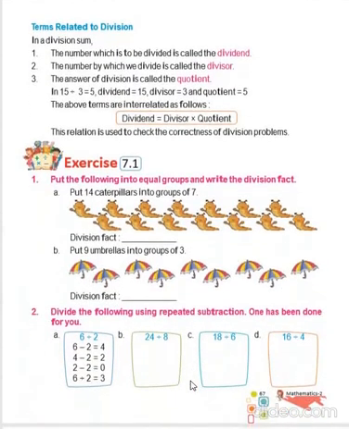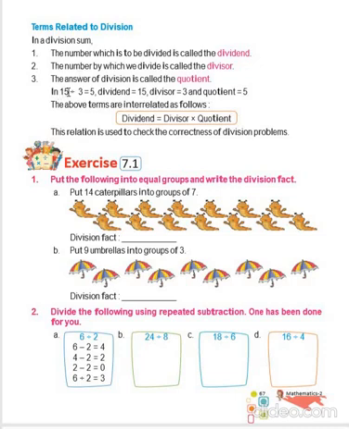Now let's learn the terms related to division. The number which is to be divided, we call that number dividend. And the number by which we divide, we call that number divisor. The answer of division is known as the quotient.